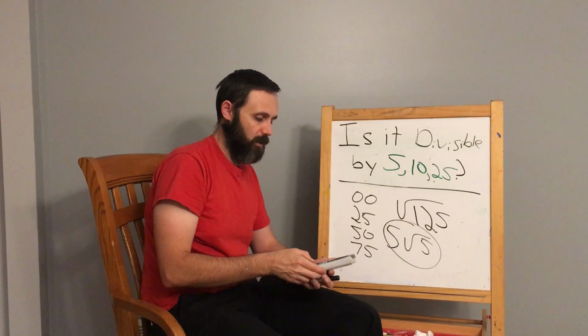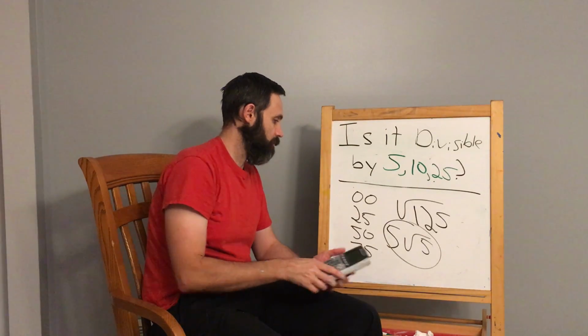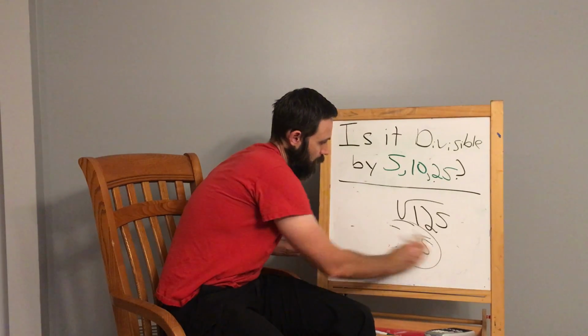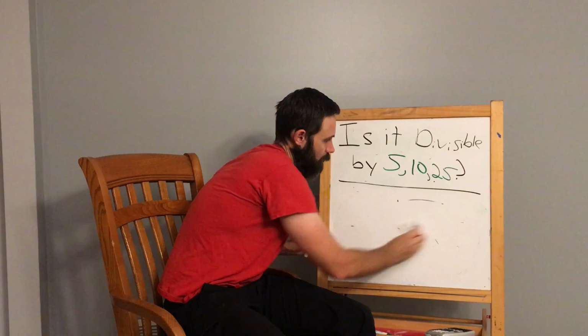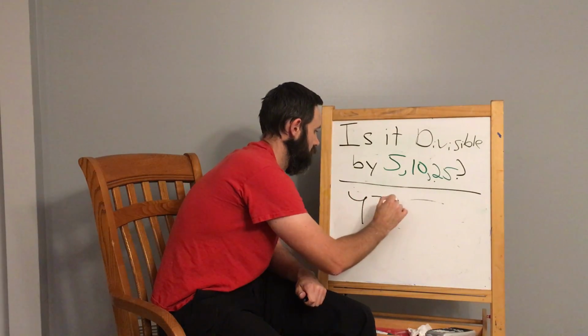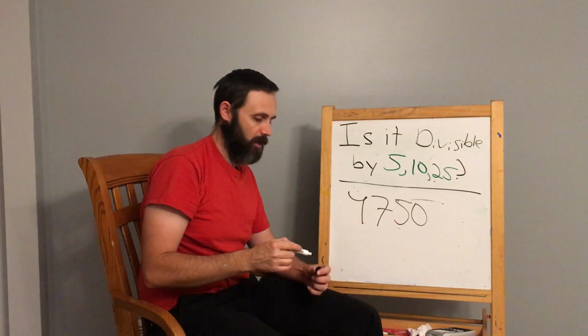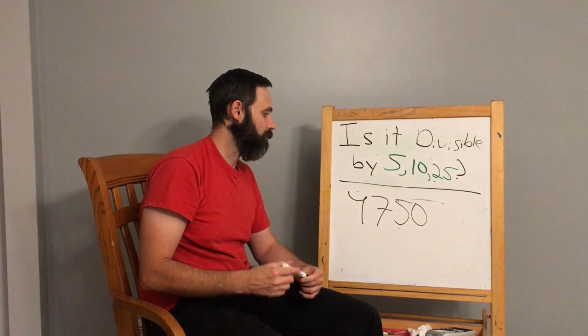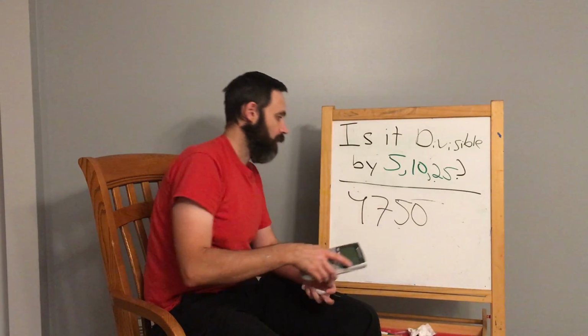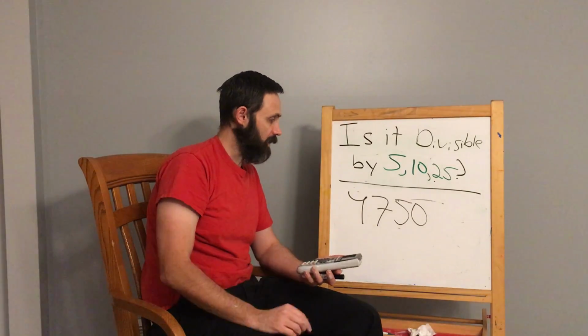So let's take some other big number. Let's see what we got here. Let's say 4,750. You're like, okay, is there any way that I can take anything out of that, right? That's a big number, okay? So right off the bat, I can take out a pretty big one. It ends in 50.